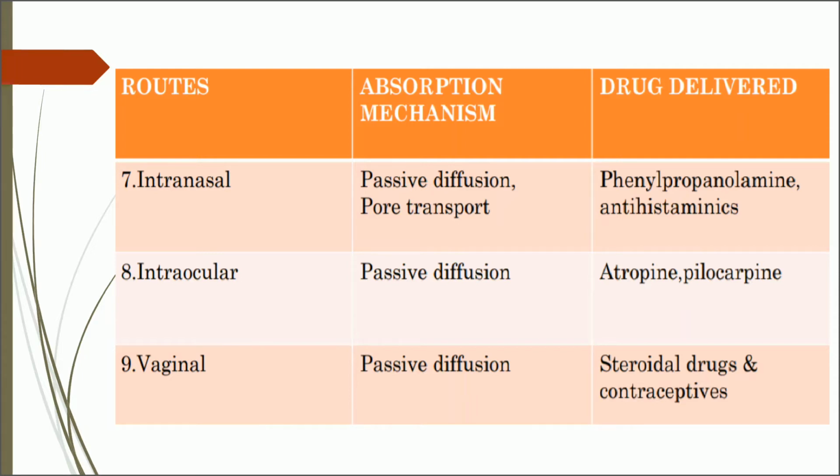Phenylpropanolamine and antihistaminic drugs are administered via intranasal routes. The intraocular route has the absorption mechanism of passive diffusion. Atropine and pilocarpine are administered via the intraocular route. And the last route is the vaginal route of drug administration, and the absorption mechanism is passive diffusion. Steroidal drugs and contraceptives are delivered via this particular route.